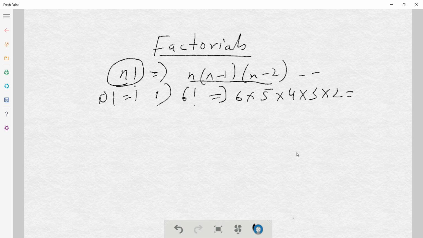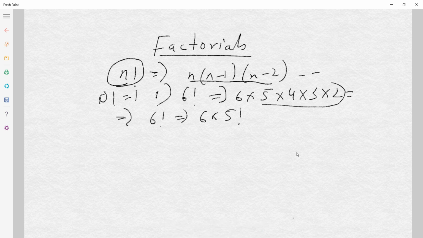You can also write 6 factorial equals 6 times 5 factorial. It means the same, so this will still become 6 times this. That's one of the ways you can do that.